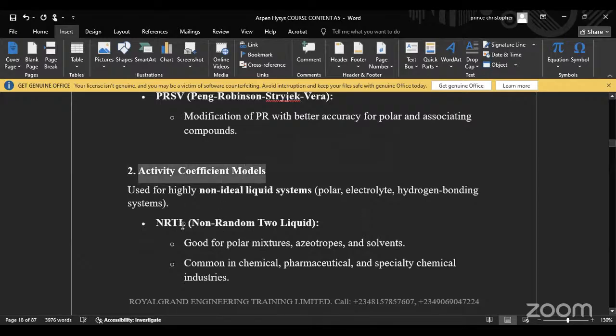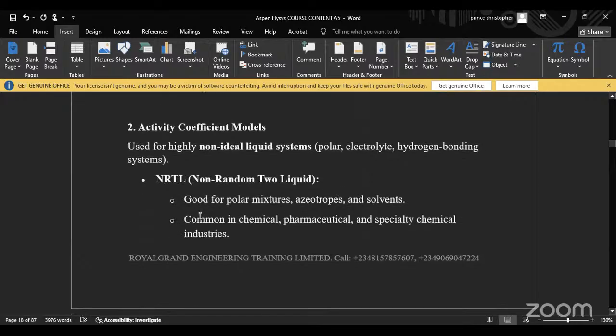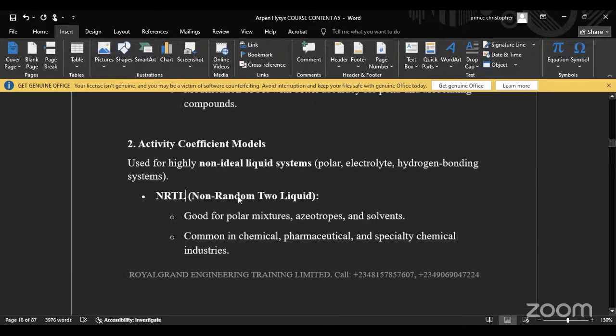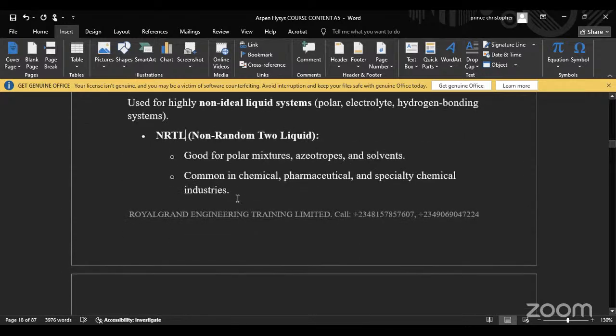Under the activity coefficient, we have NRTL, which is non-random two liquid, good for polar mixtures, azeotropic systems, and solvents, common in the chemical and pharmaceutical industries. Now, if you are using NRTL for a hydrocarbon, just know that it doesn't matter if you are using the correct unit operations in your simulation, your answer is going to be wrong.